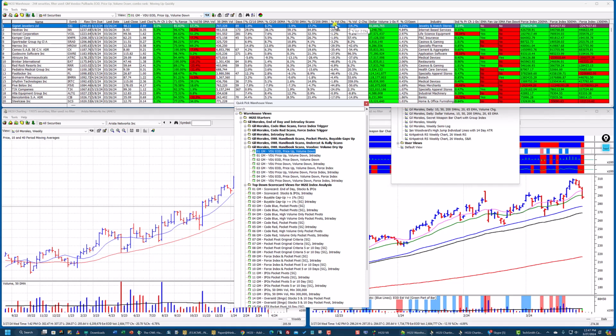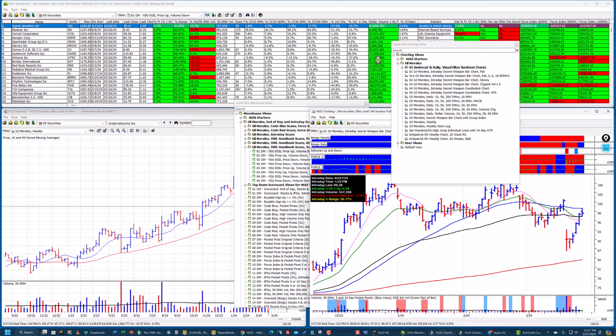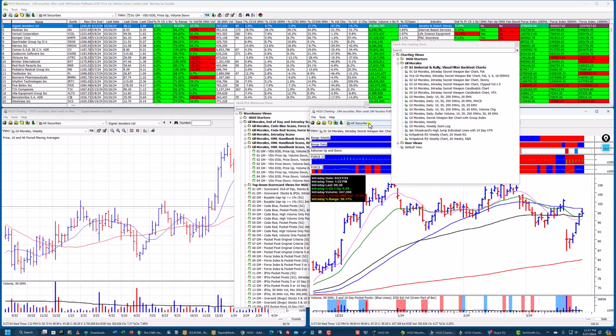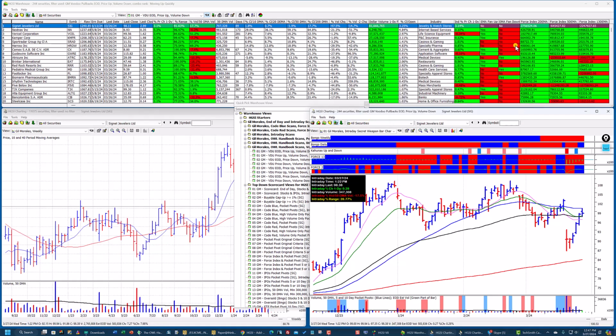If you look at these columns over here, the volume change from the prior day is negative, and from 2 days ago, sometimes positive, sometimes negative. But Signet Jewelers here, volume was down at the end of day, 47.5 from the prior day and 14.7 from 2 days before that.